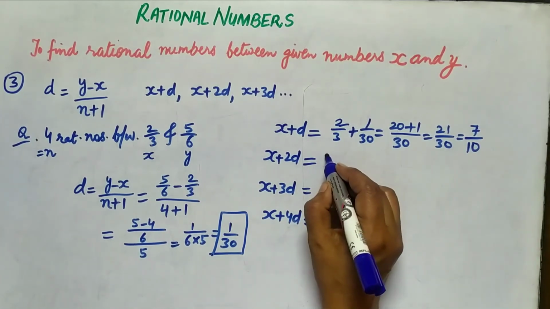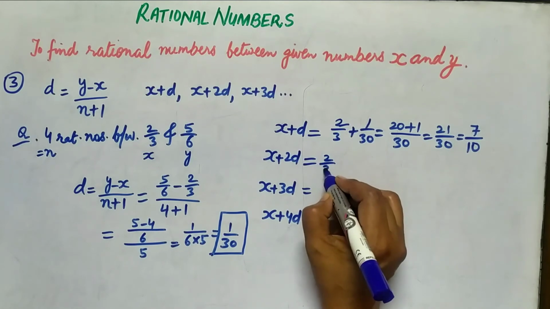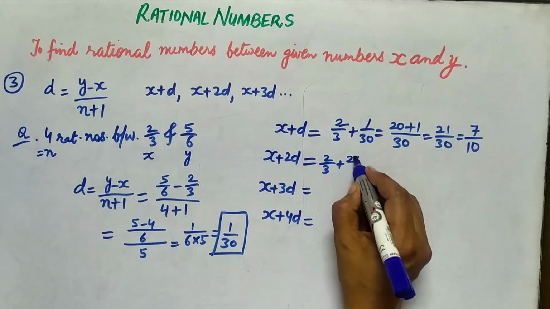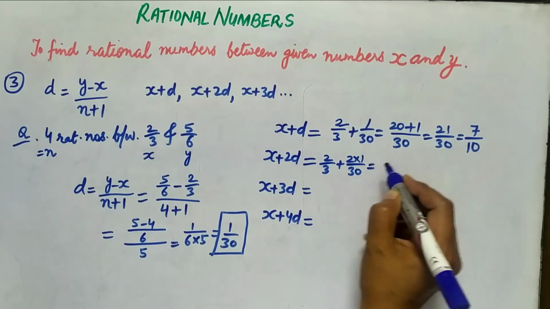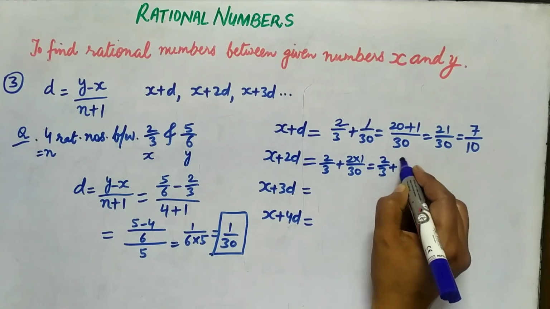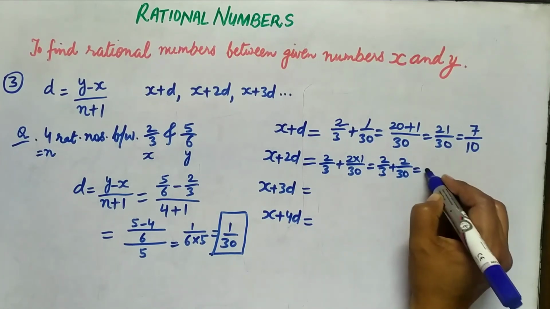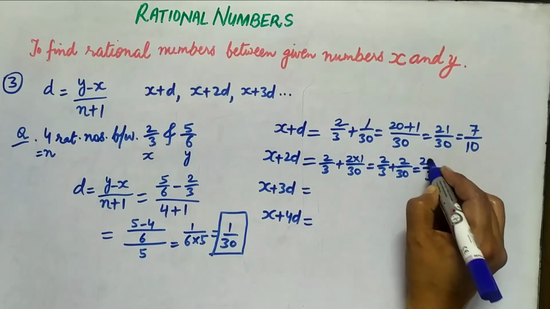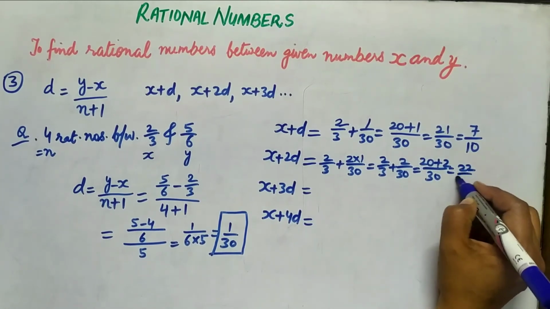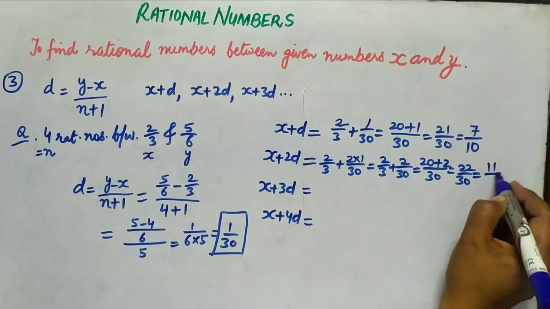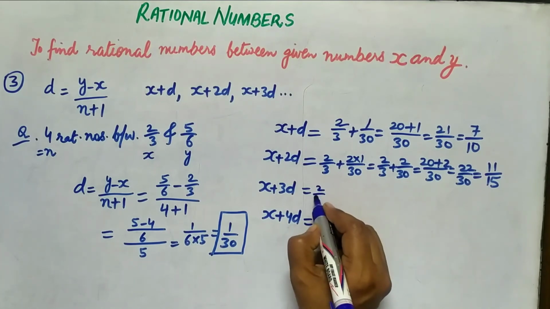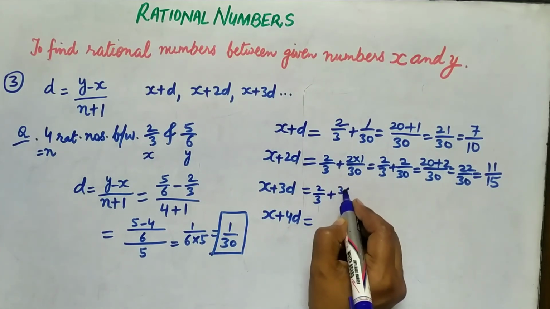Then second number, again x plus 2d, 2 into 1 by 30. It is 2 by 3 plus 2 by 30, is equal to 30 LCM, 20 plus 2, 22 by 30, or 11 by 15. The third number, x plus 3 into d.